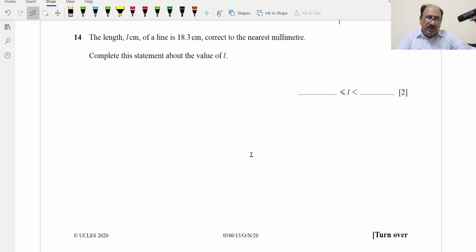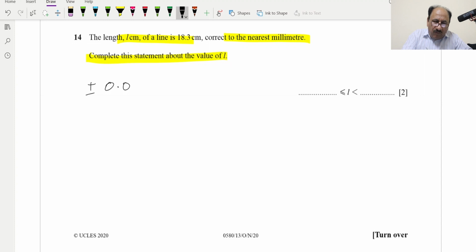Question number 14, which is mentioning the length L centimeter of a line is 18.3 correct to the nearest millimeter. This is lower bound, upper bound question. We have to provide the nearest millimeter. So we'll have to add and subtract 0.05.